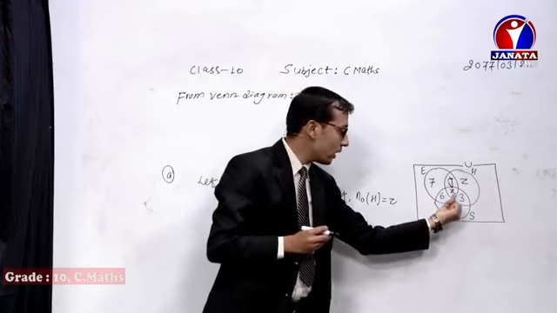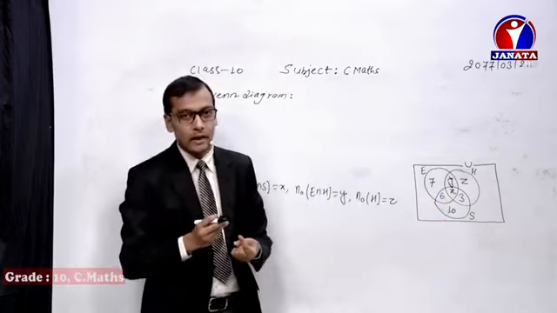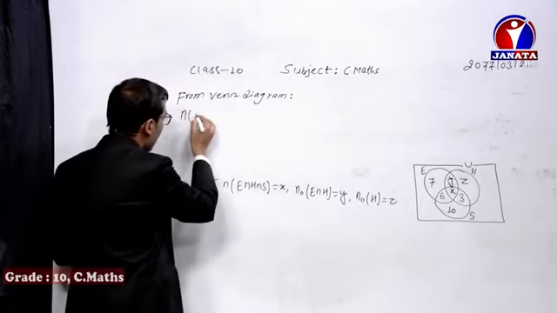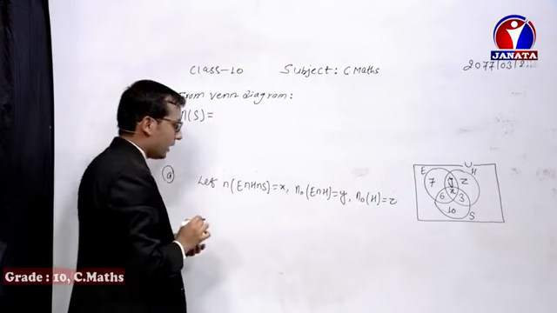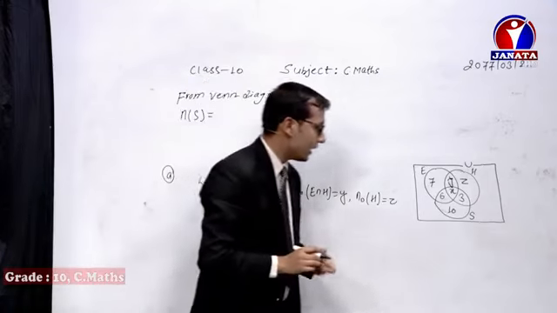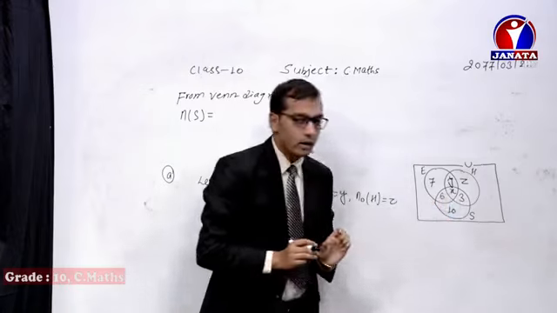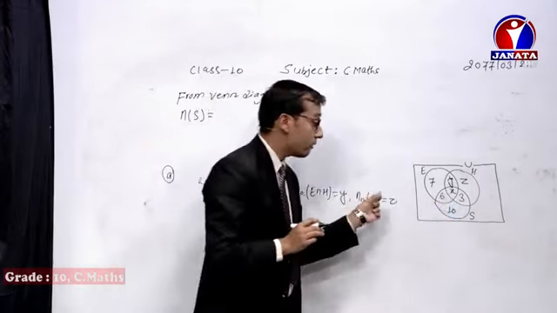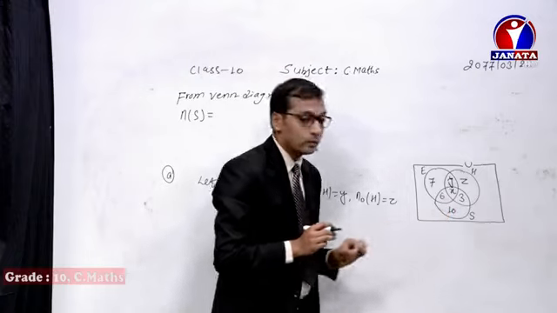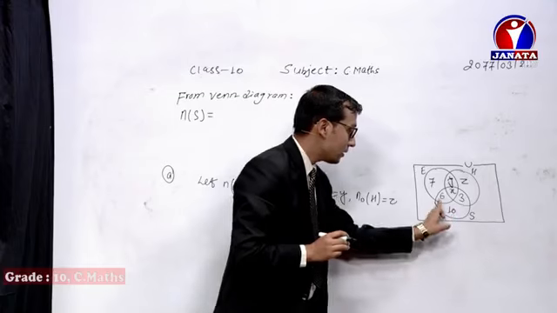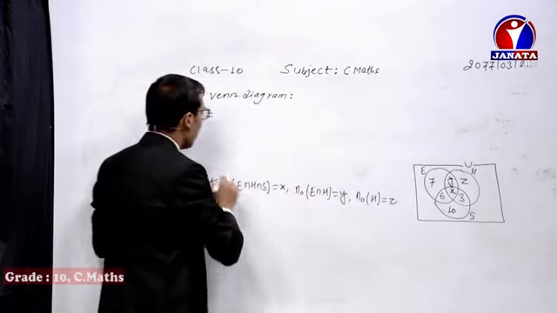So if we begin from set S, we can calculate the value of x. So let's start from set S. What is n of S? n of S is 10, 3, x and 6. S contains 4 different regions here which are inserted in the diagram: 3, 10, 6 and x. So let's add all this.